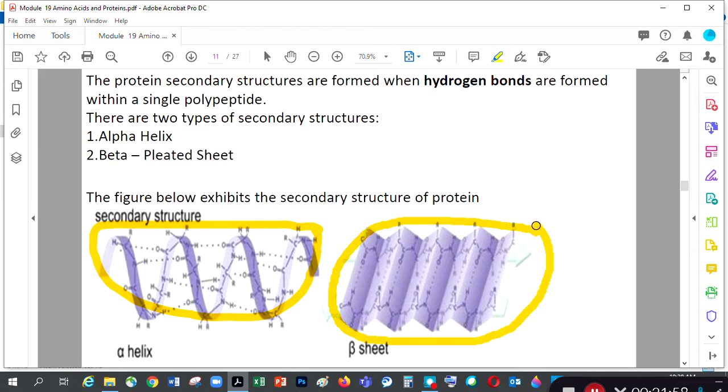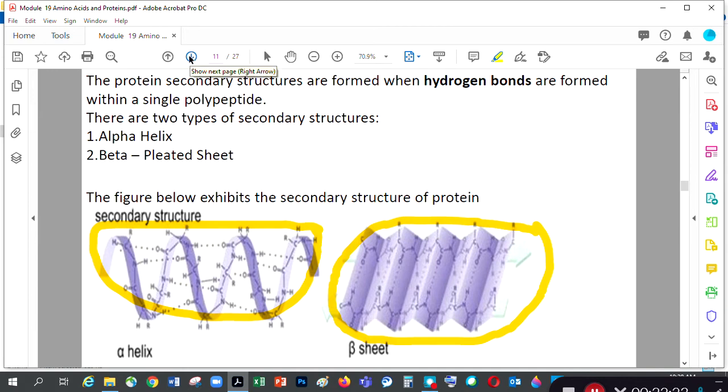So we are getting a protein that has secondary structure. It's nothing mysterious about it. It's just the arrangement in space that is different, but it's really the primary structure of amino acids combined together to make this protein.